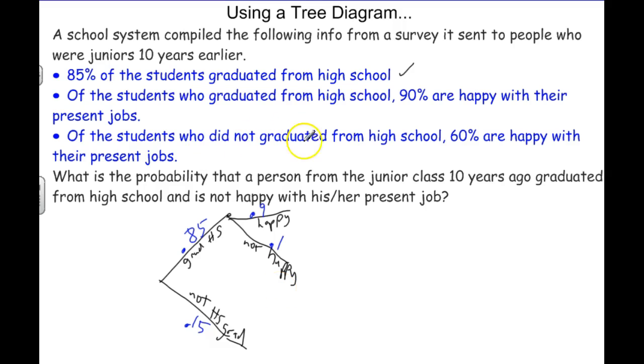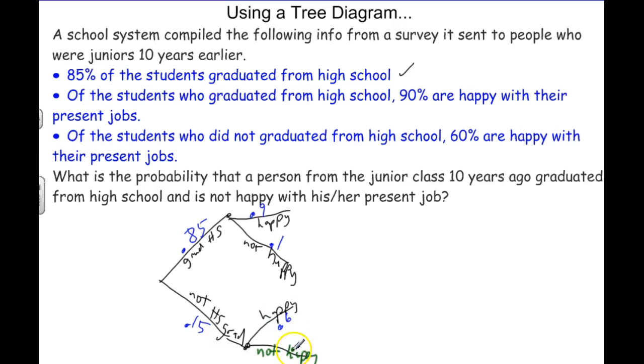And then it says, of the students who did not graduate from high school, 60% are happy. Oh man, that's so sad. So only 60% of these folks are happy. So happy is 60%, so this is 0.6. And then not happy is going to be 0.4.